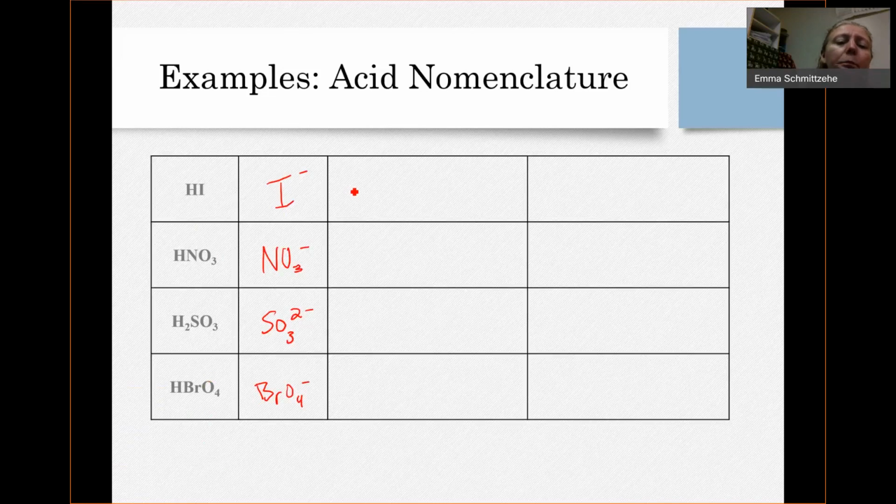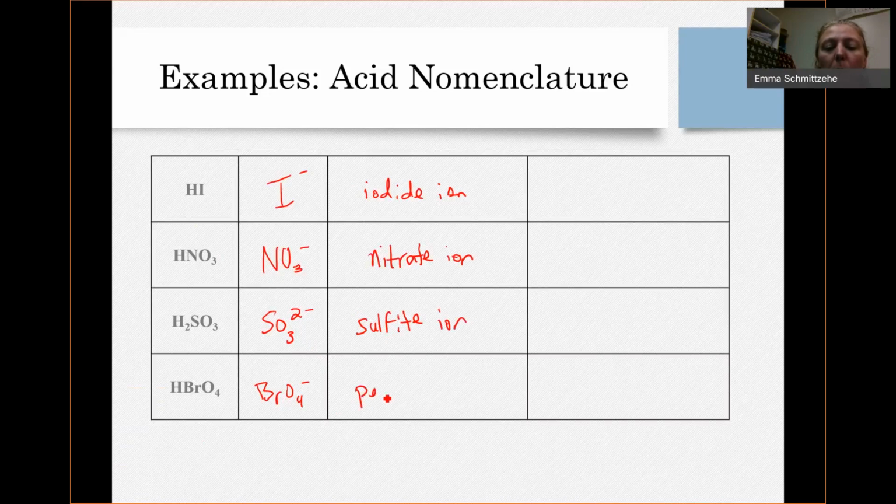I minus is iodide ion, and then NO3 minus is nitrate ion. SO3 2 minus is sulfite ion, and BrO4 minus is perbromate ion.